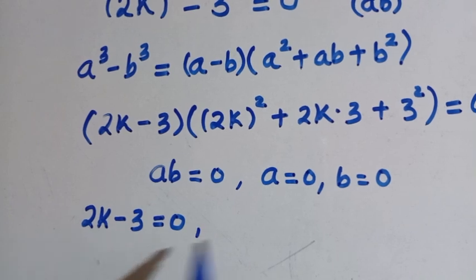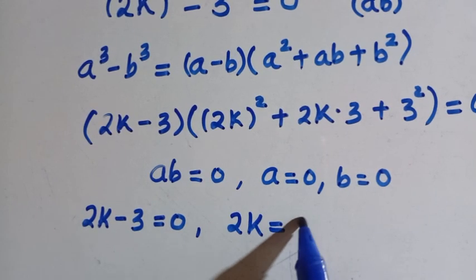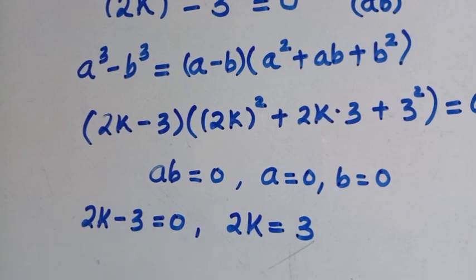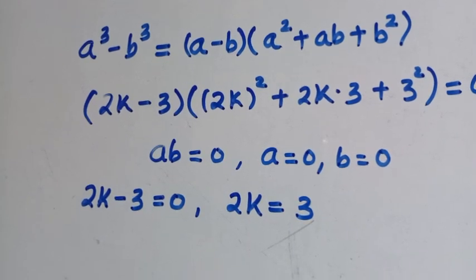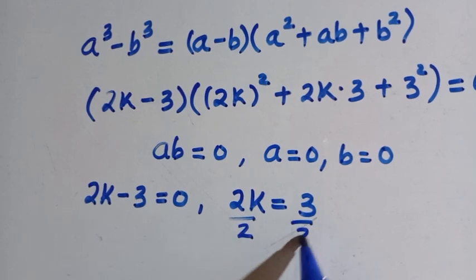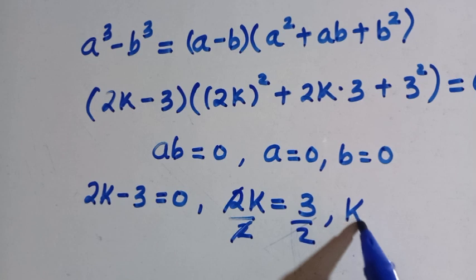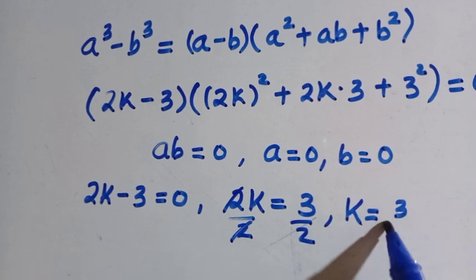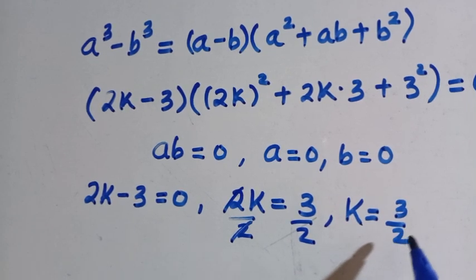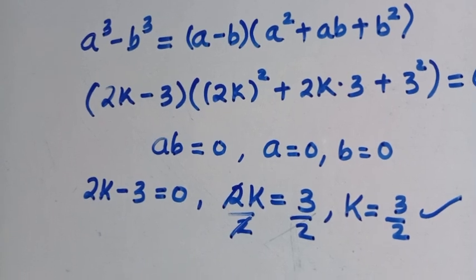This implies that when we make 2k the subject, we have 2k equals 3. Then we divide both sides by 2, so 2 cancels 2, and we have k equals 3 divided by 2. And here is our first real solution to this.